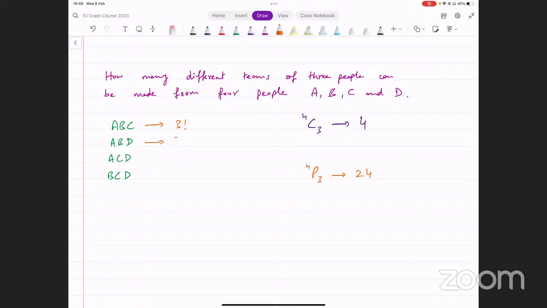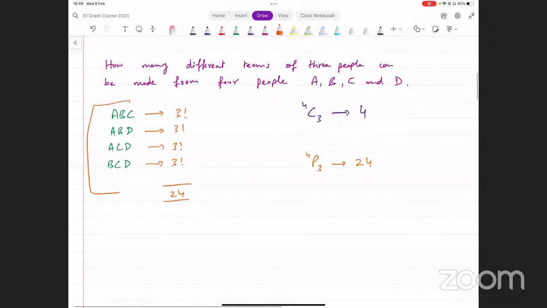You can arrange this in 3 factorial ways as well, this in 3 factorial ways as well, and also this in 3 factorial ways. So permutations is counting them as 24. But since we are not really interested in the order of these letters, to us, only these 4 unique cases are important. But from this, we actually get a useful relationship between permutations and combinations, and that looks like this.